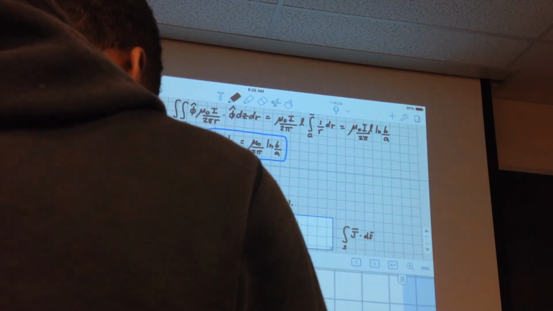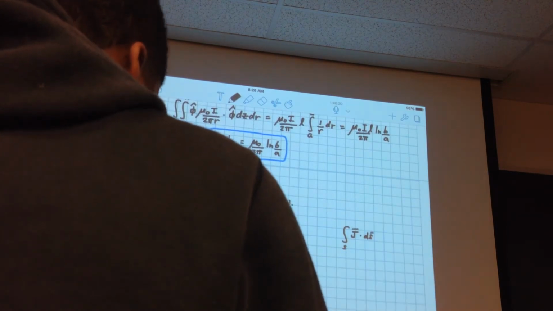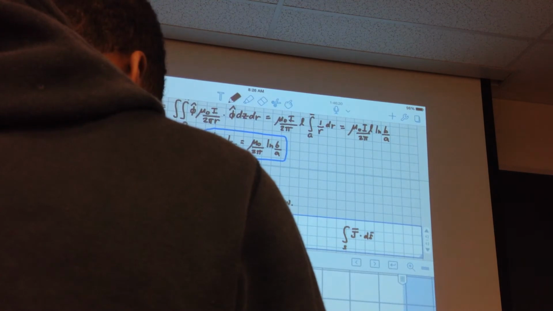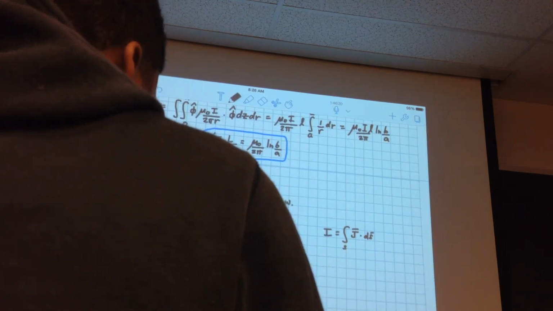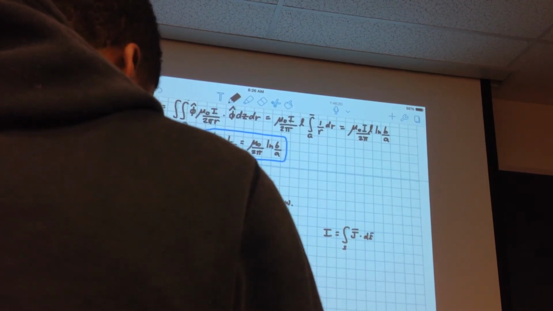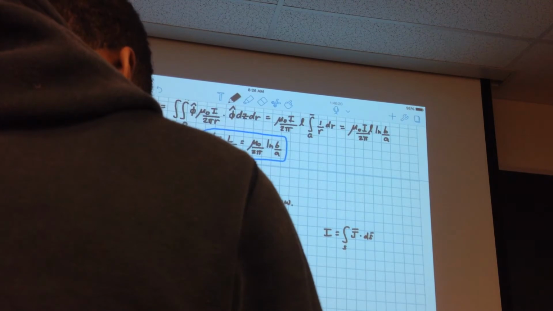So we write Ampere's law like this, right? But remember, the right-hand side I is equal to that. So the only thing that's important with respect to the current is how much current is inside of that contour, how much current is flowing through the surface bounded by that contour. Remember that when you're thinking about Ampere's law.